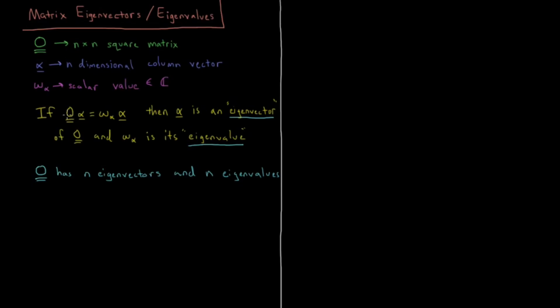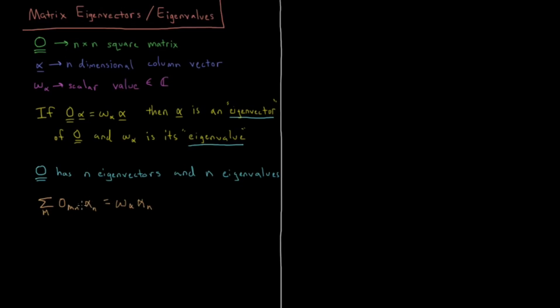So expressing this in terms of the individual elements, we have that the sum over all values m, O_mn, the mnth element of O, times alpha_n equals omega alpha times alpha_n.